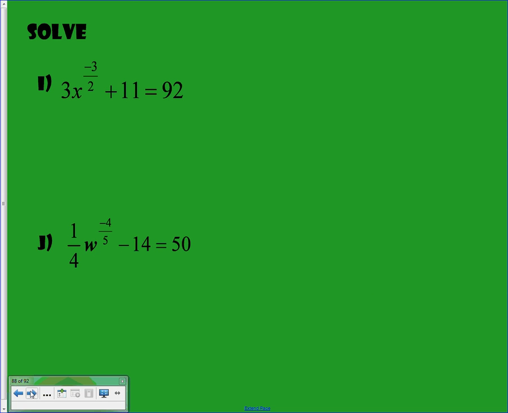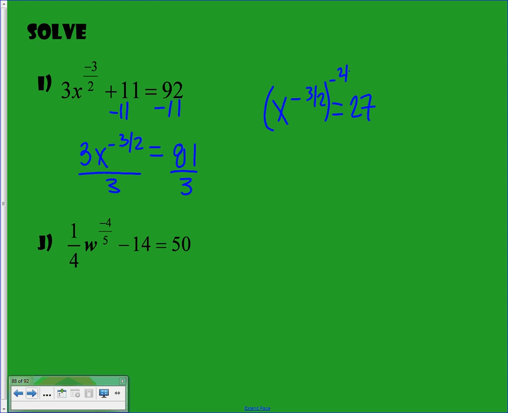So if we take a look at example I, I would start by subtracting 11. So 3x to the negative 3/2 would equal 81. Then I'd have to divide by 3. So I get x to the negative 3/2 to be 27. Then I need to get rid of the negative 3/2 by doing to the negative 2/3 on each side.